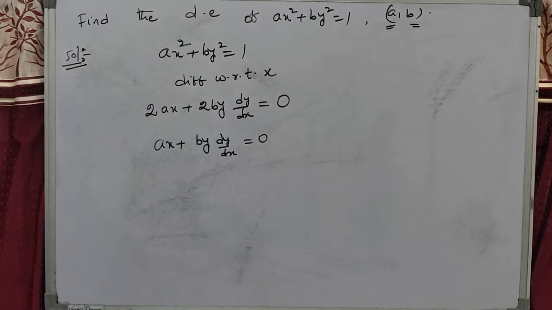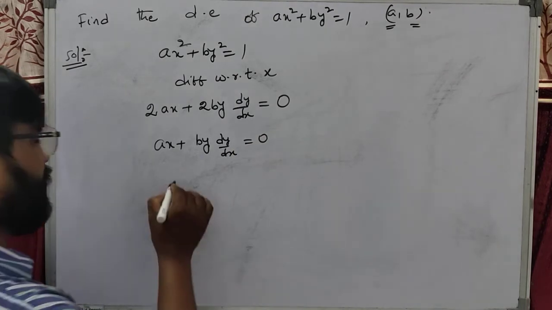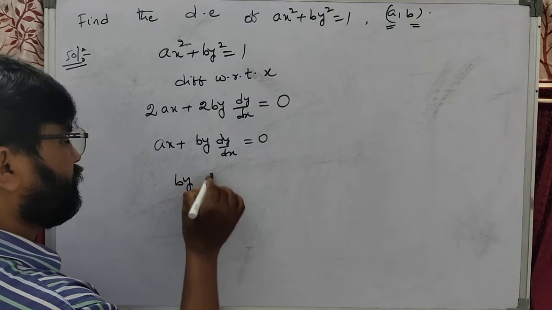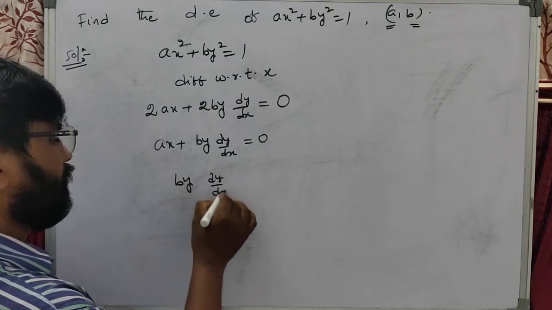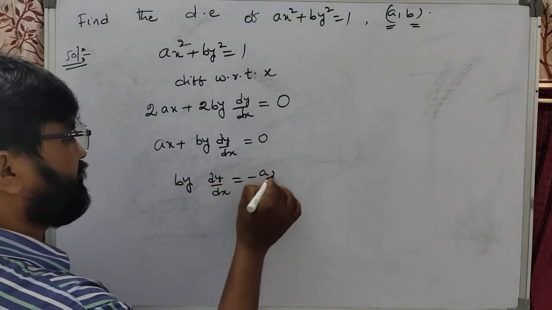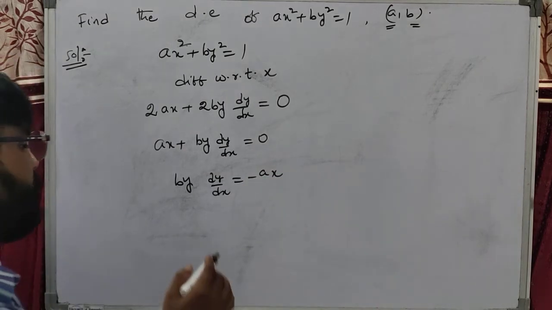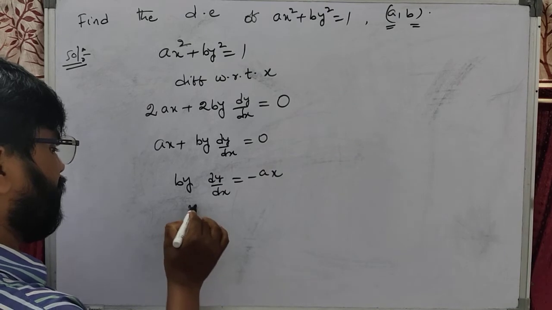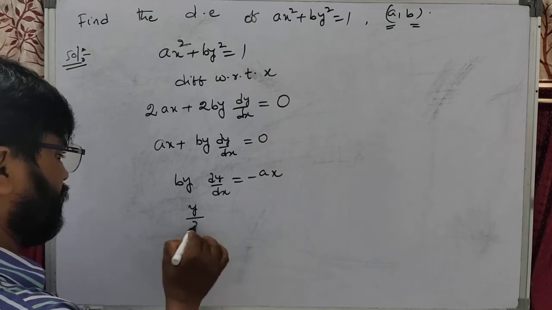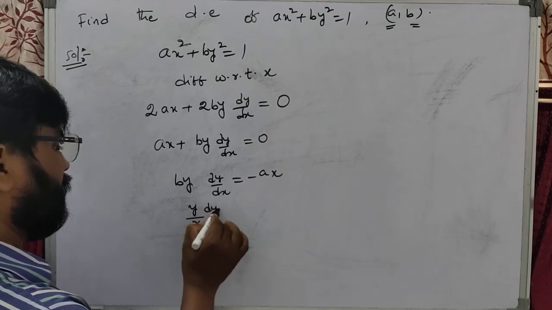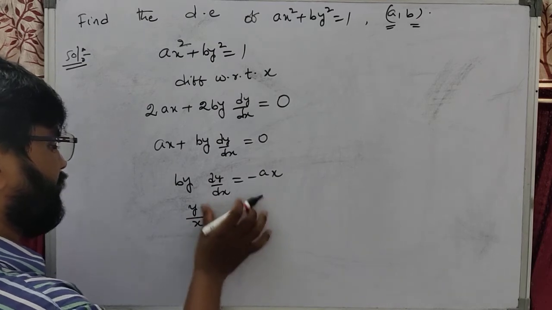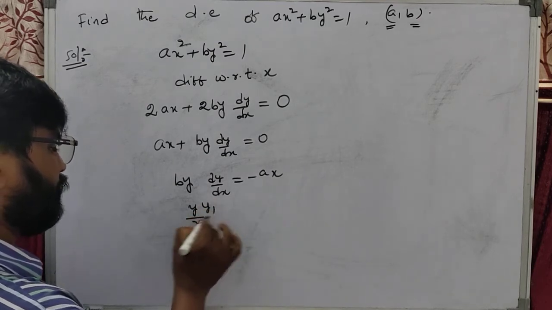Dear students, now by dy by dx is minus ax. Okay, students, now we can write y by x, dy by dx is nothing but y1.